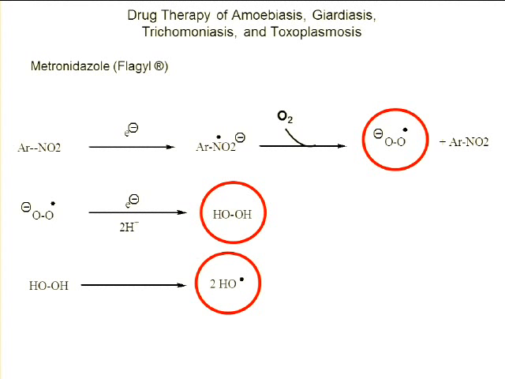Now, where does the selectivity come from? Yeah, it's only metabolized to these species inside the organism. Okay? So once the organism dies, our bodies have pretty good ways of dealing with this.